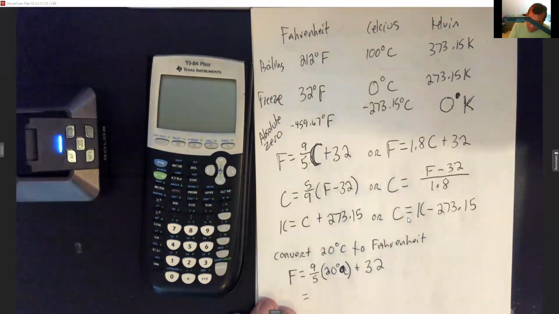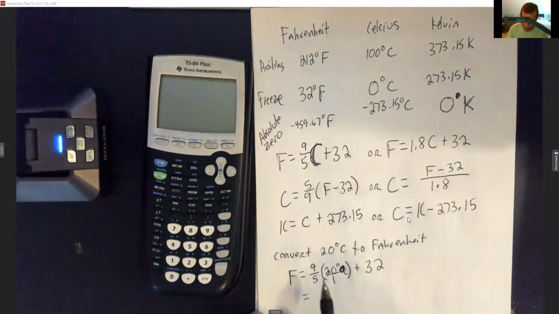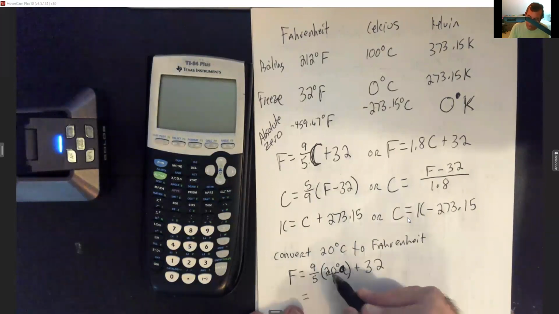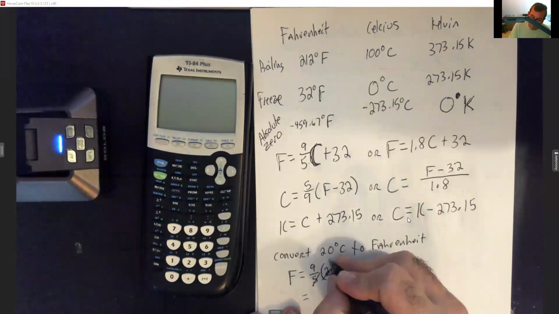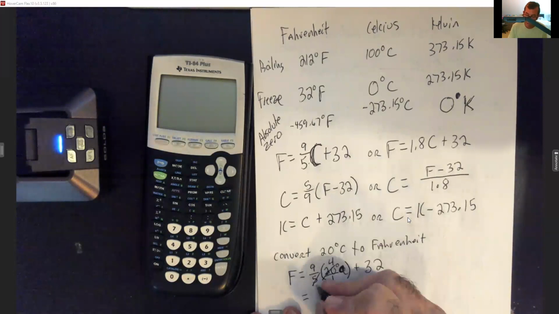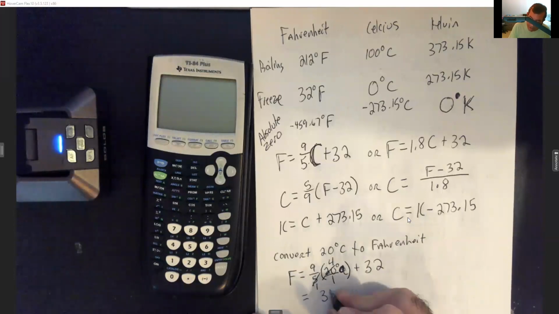So to do this, to make the 20 look like a fraction, you can put a 1 on the bottom. Now, you can multiply first on the top, then divide by the bottom, or you could reduce the top and bottom because they will reduce. So I'm going to reduce mine. 20 divided by 5 is 4. 5 divided by 5 is 1. So now I got on the top, 9 times 4 is 36, divided by 1. 36 divided by 1 is 36.